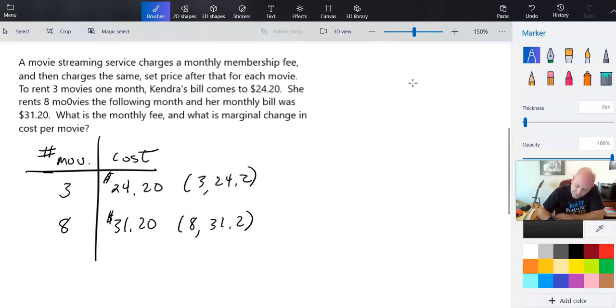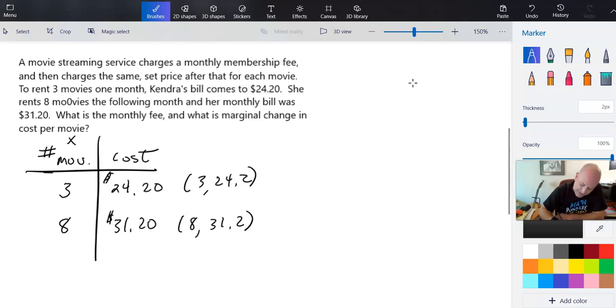Okay, so we have the monthly fee and the marginal change in cost per movie. So we need to know how much our bill's going to go up if we rent one more movie. That's what the marginal change means. It's always in reference to one unit. How much is it going to change if one unit is changed? If we go one more movie, how much does the price change? All right.